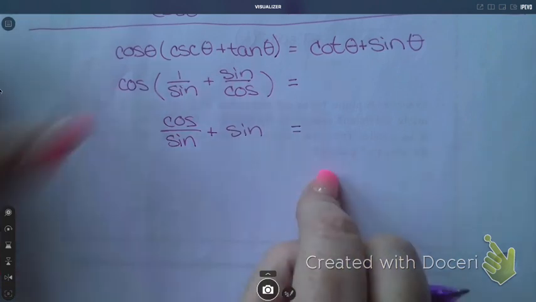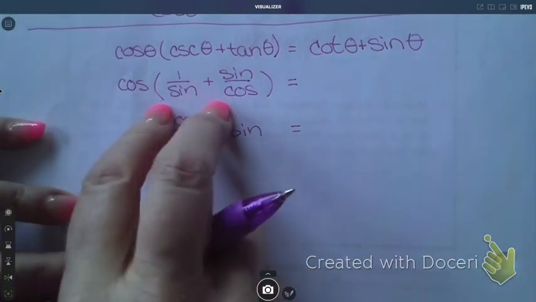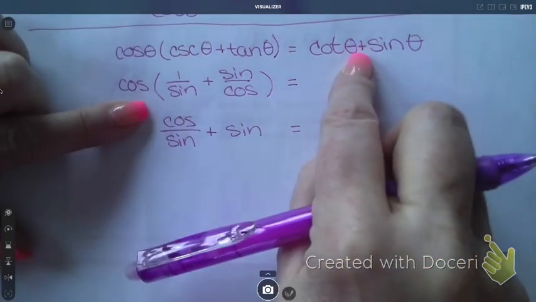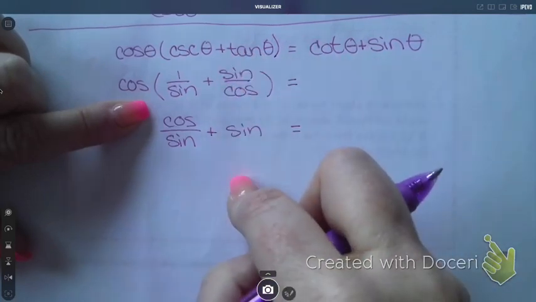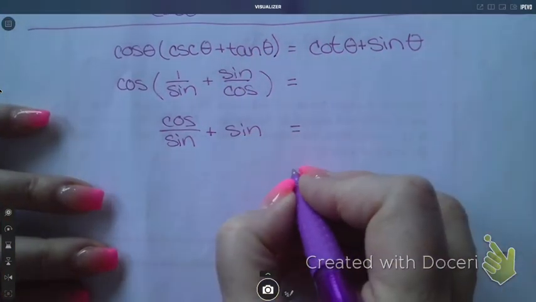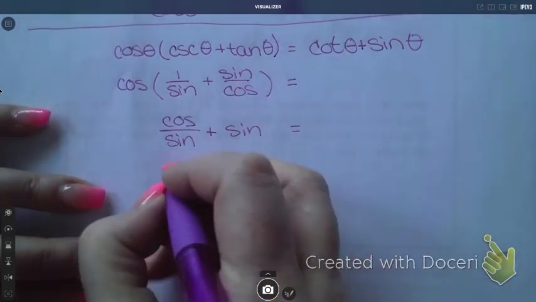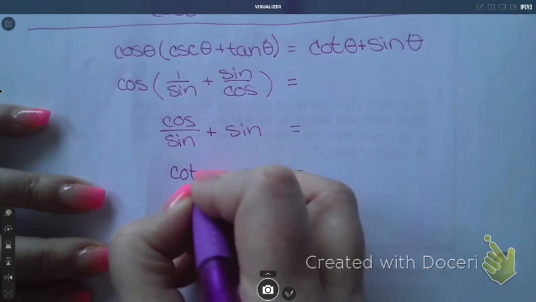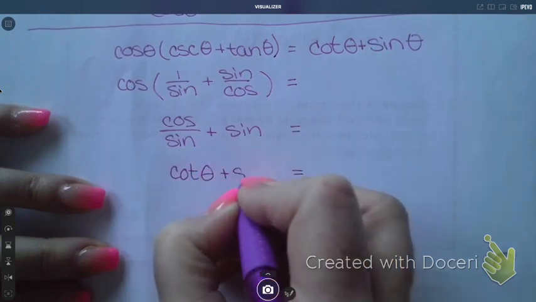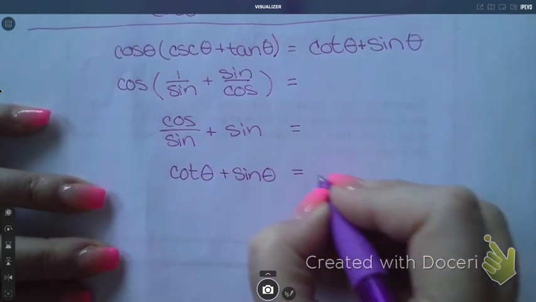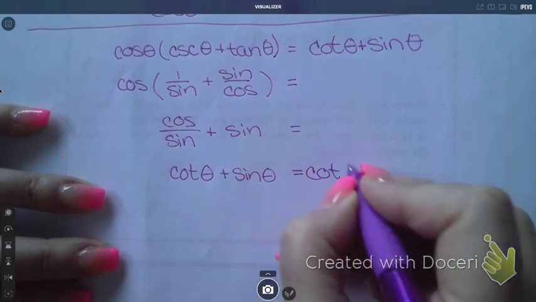Yeah. Okay. But you didn't see me go from this to that. You got to show me. So now what? You have cotangent plus sine. But now the thetas have to come back in? Yeah. Plus sine equals cotangent plus sine.